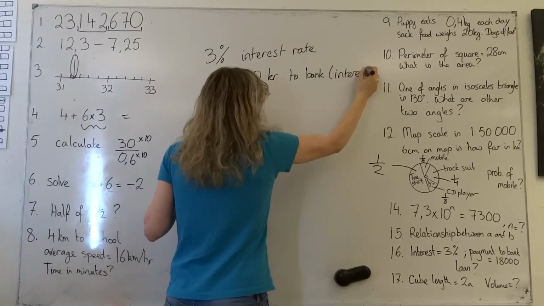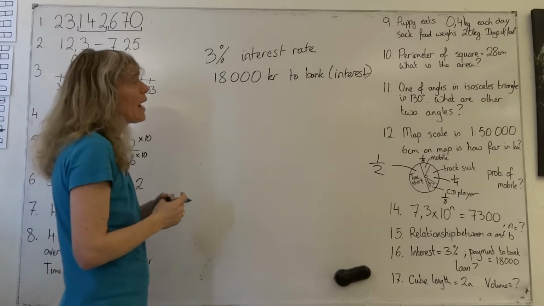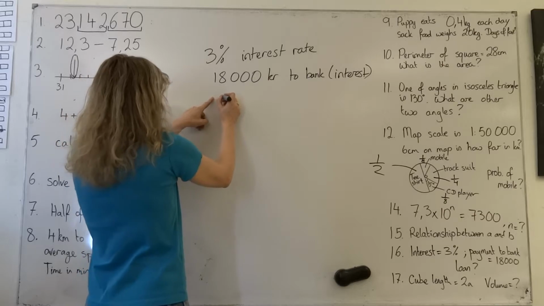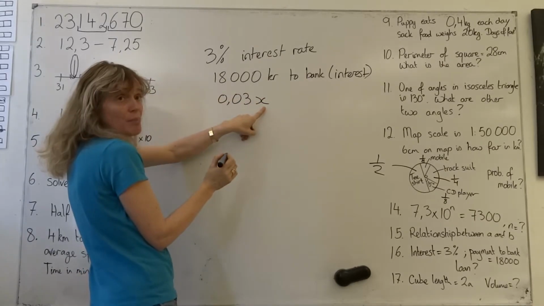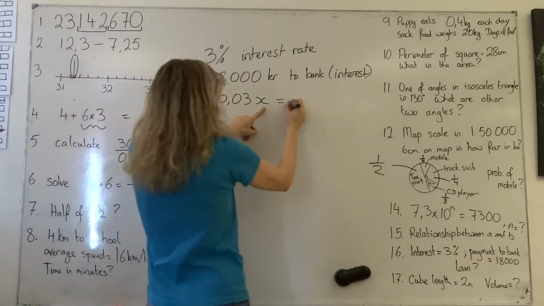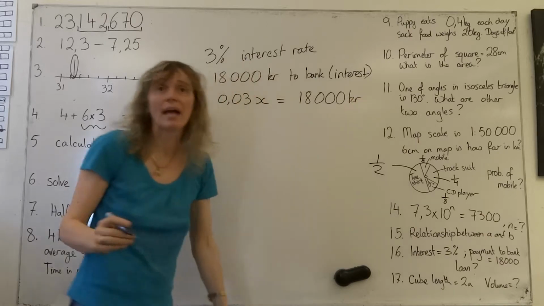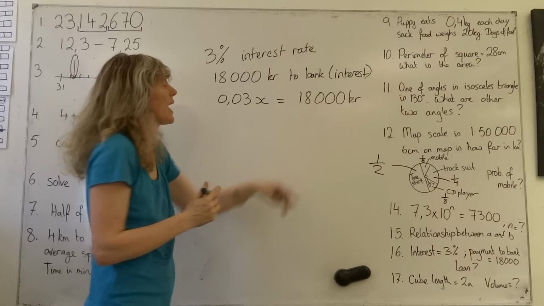So how do we work out what their actual loan was? Well, we can express this in terms of algebra. We can say that 0.03 of x, the amount that they borrowed, will cost them 18,000 kroners in that year. So 0.03 times x equals 18,000.